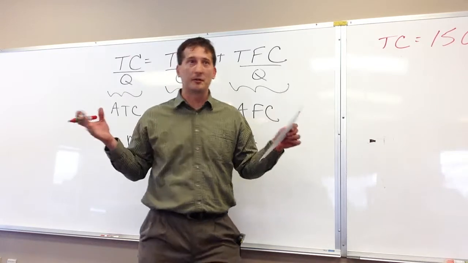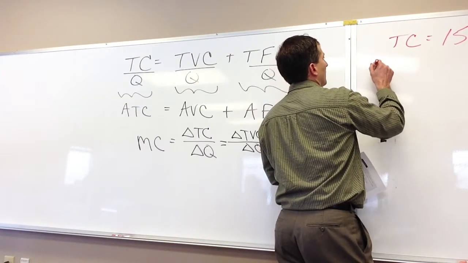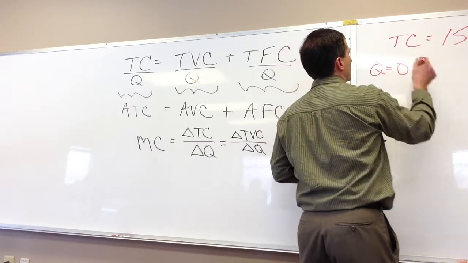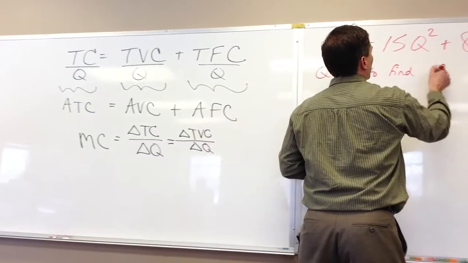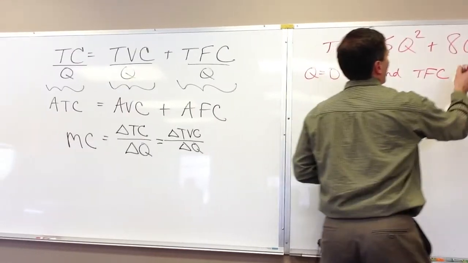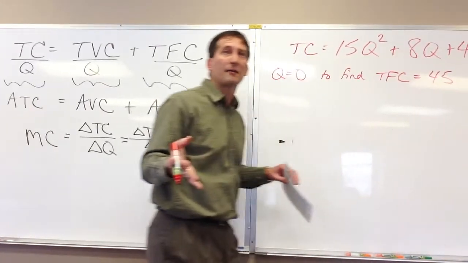So Q equals 0. To solve for fixed cost, Q equals 0 to find total fixed cost equals 45. That just collapses this thing down. You know, you got 45 bucks.